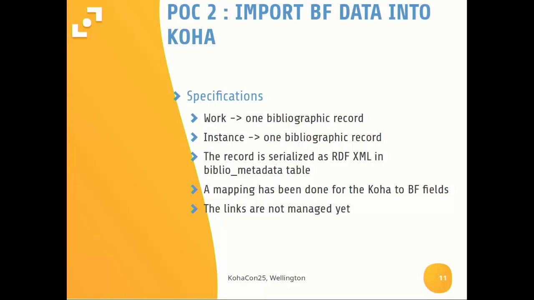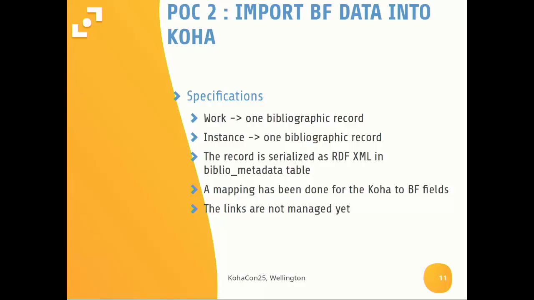To do the import and to find how to import the data, we had some specifications to do. And so we decided that a work would be one bibliographic record in the Koha sense. The instance would be one bibliographic record as well.